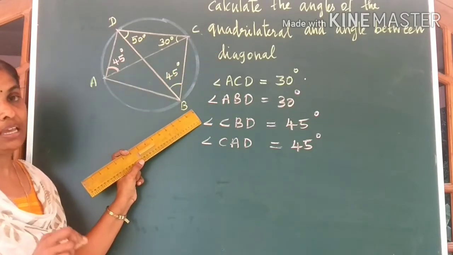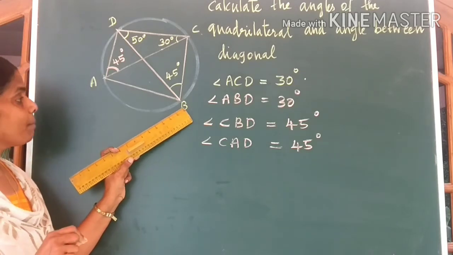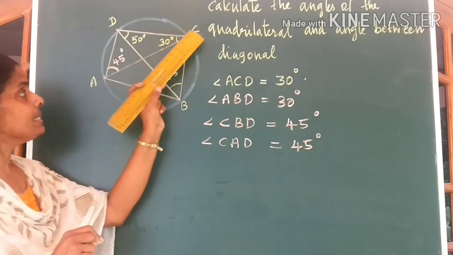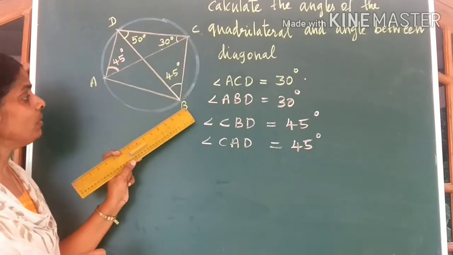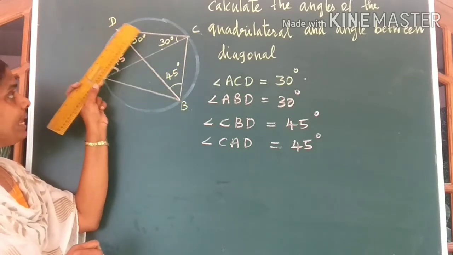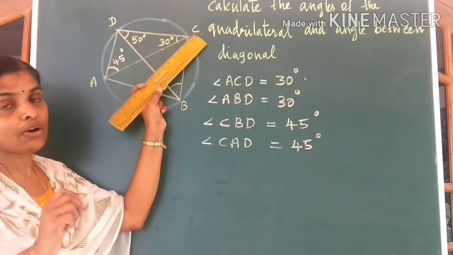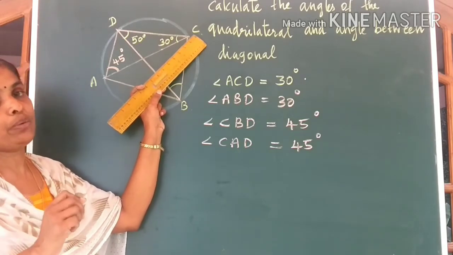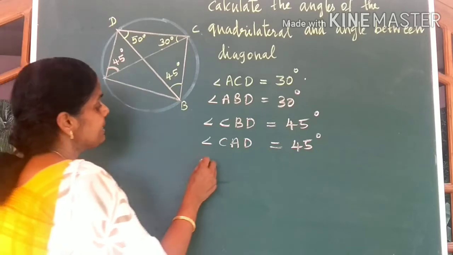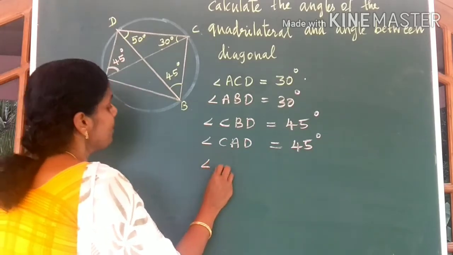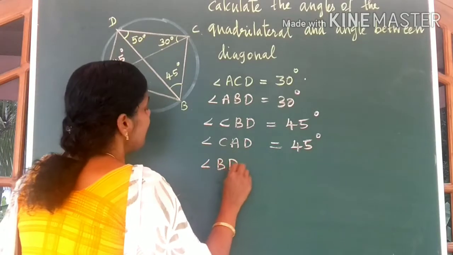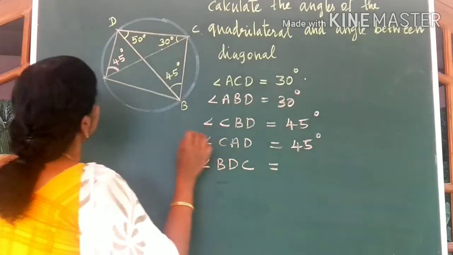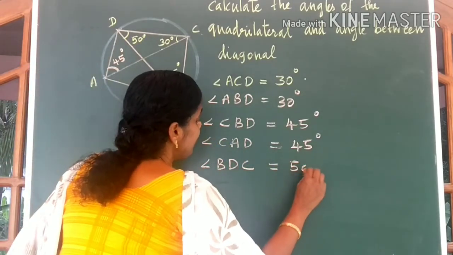Is it clear? Now consider arc BC. Arc BC makes an angle BAC, also BDC in its alternate arc. So both the angles are equal in measure. So we can write angle BDC, which is given to be equal to 50 degrees.